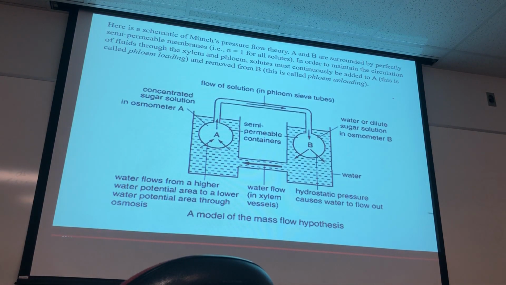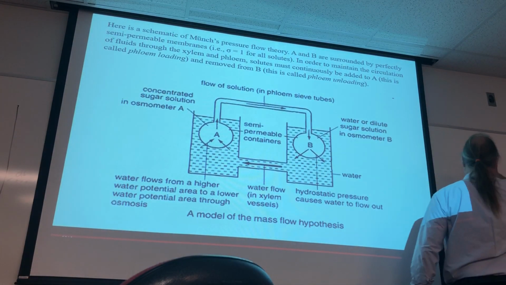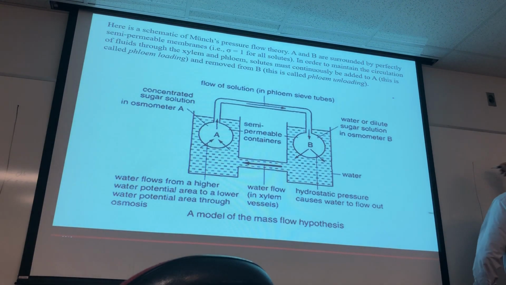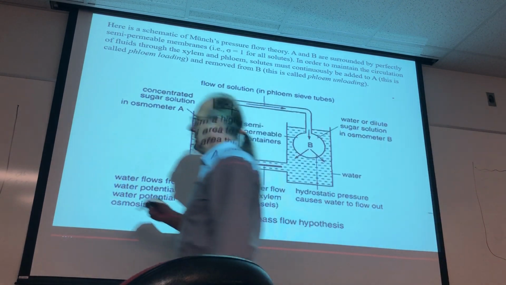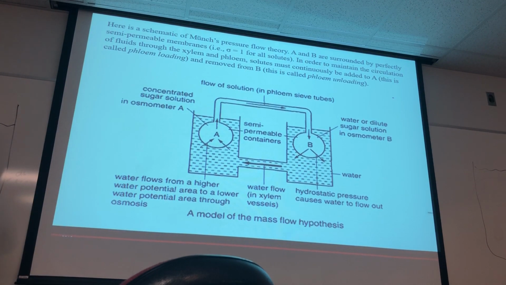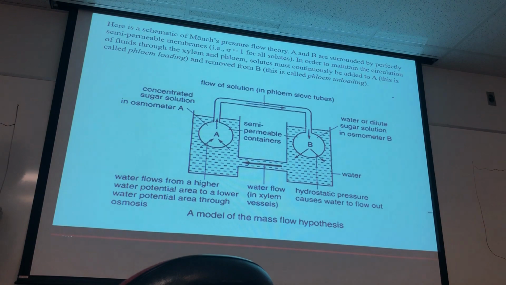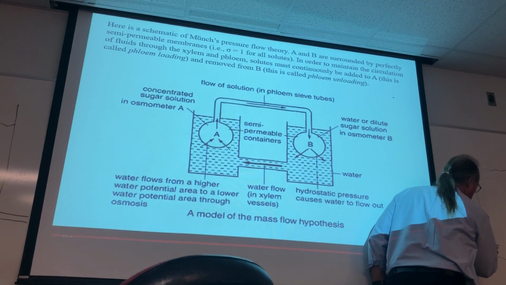But let's assume we have a beaker over here and another one over here. And these two beakers are filled with pure water. Okay? And what's more, they're connected by a tube on the bottom that goes through the screen here.